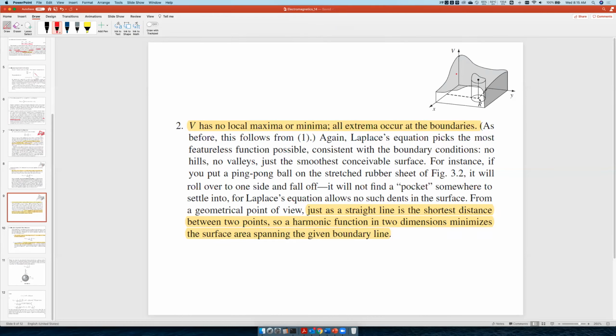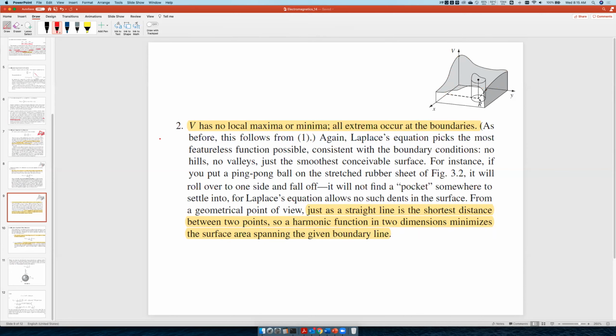So now we can imagine if you give a boundary line like that, then the rubber sheet covered on this wavy cardboard box actually is the minimized surface area in this case.